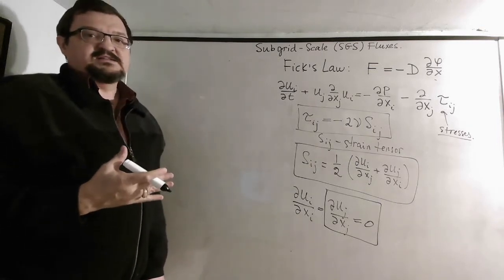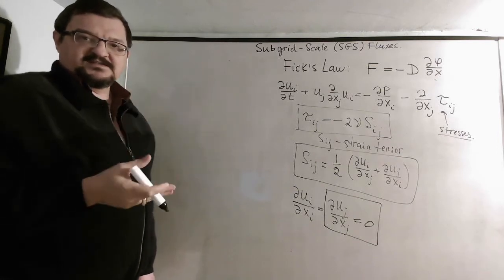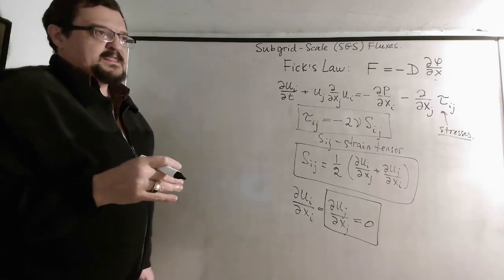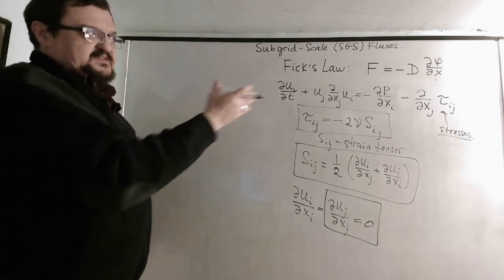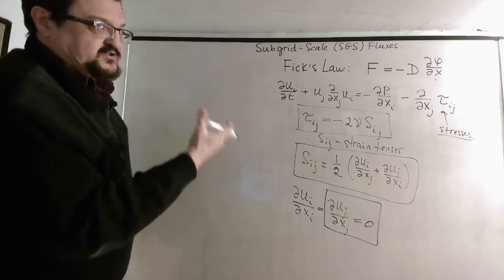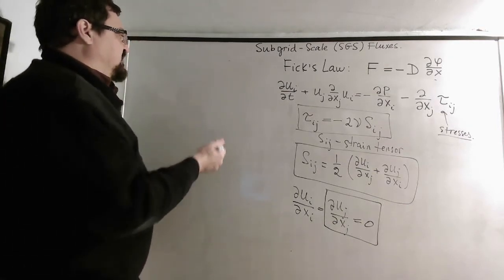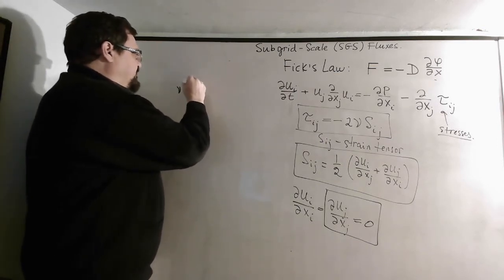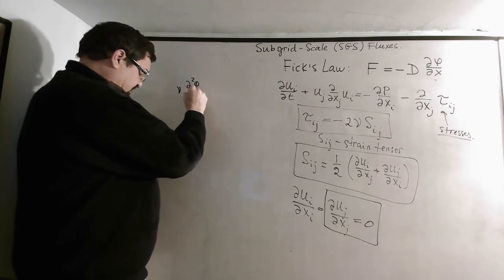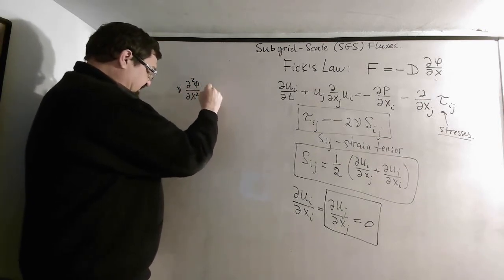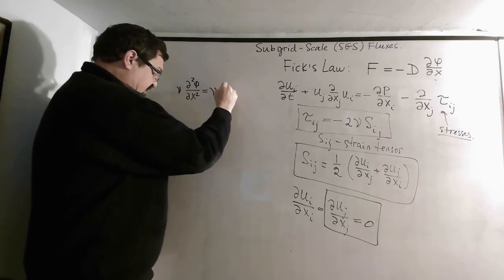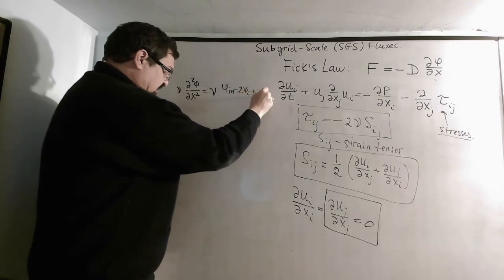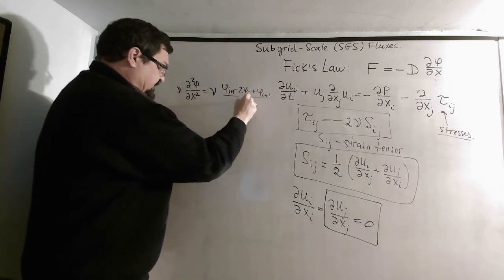The problem is that diffusion acts on very small scales, and for our grid spacing, if we use this directly, like using our finite difference representation of the second derivative, for example, right? So we have the second derivative of phi over dx squared can be represented like nu times (phi i minus 1 minus 2 phi i plus phi i plus 1) divided by delta x squared.